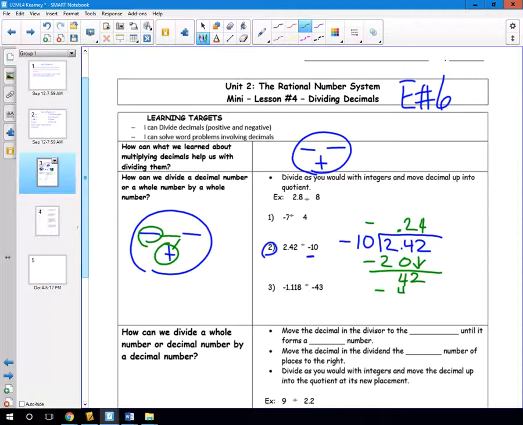We're subtracting 40. 42 minus 40 is 2. Then we add a 0 to the end, bring that down. 10 goes into 20 2 times. So our answer is going to be negative 0.242. Okay, that's a little review.